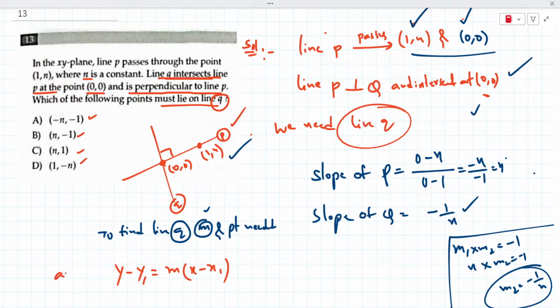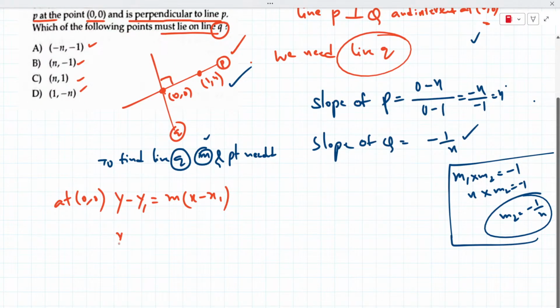So at point (0, 0), because it is passing through that, y minus 0 equals m, where m equals minus 1 by n, times (x minus 0). So y equals negative 1 by n times x.